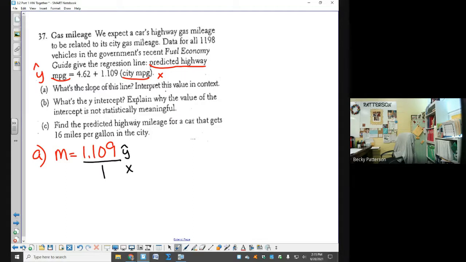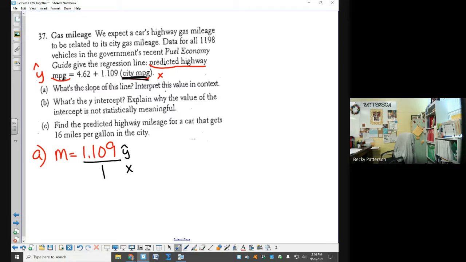So for every one, what's x? City miles per gallon. For every one increase of city miles per gallon, my predicted highway miles per gallon goes up by 1.109.